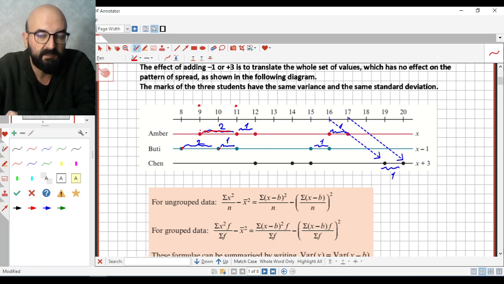Amber's marks have interval 2, Booty's marks the same 2, and Chan's marks also 2. So it doesn't change their interval, because Amber's marks are x, Booty's marks x minus 1, Chan's marks x plus 3, and their intervals don't change.